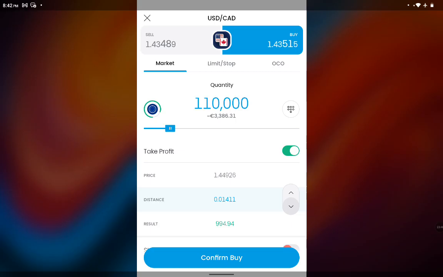So take this all the way down to 1.4409.